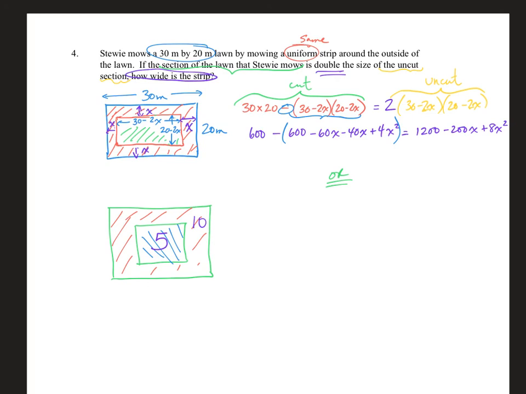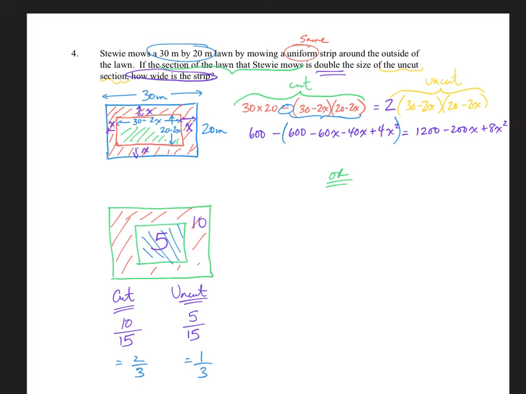I notice that the cut portion is 10 out of a total of 15 when I put together the two parts. And I also notice that the uncut portion would be 5 out of a total of 15. Now, you wouldn't work with those purple fractions. Instead, what you would do is you would reduce that, and you would say that it is 2/3 and 1/3.